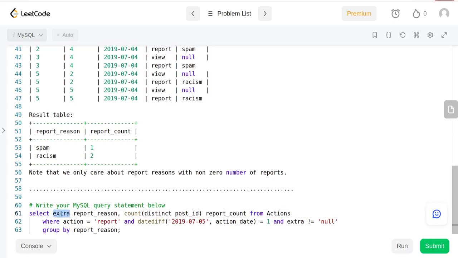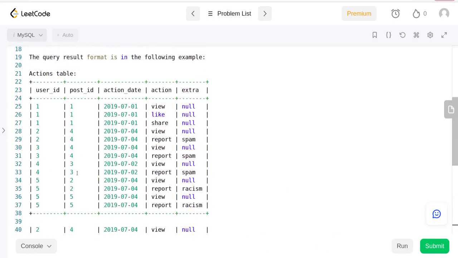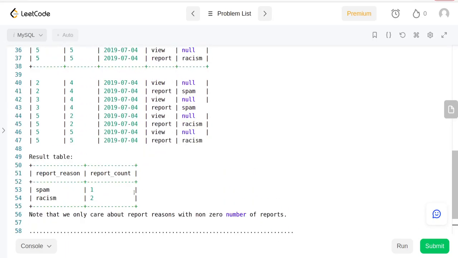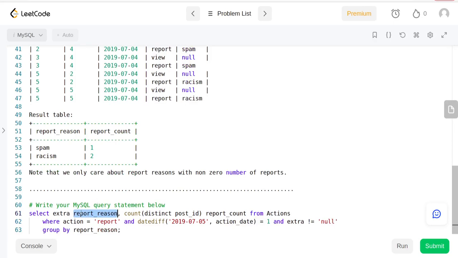We said select extra, which is here, as report_reason. And you can write AS or you don't need to write AS, whichever way you like, both are okay.